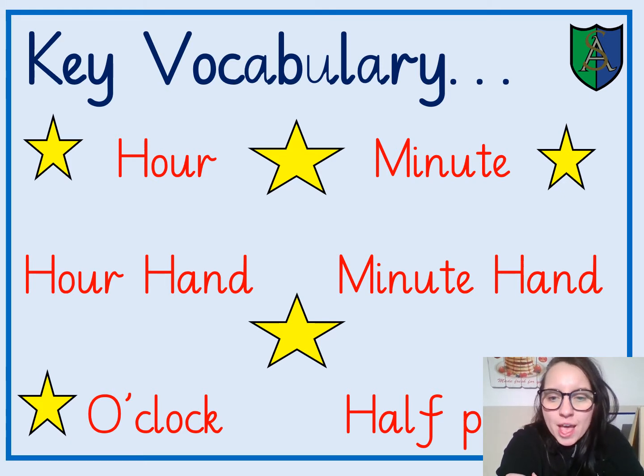Prove it. And they were having that discussion around, well, the minute hand is pointing to the 12, so I know it's o'clock, and the hour hand is pointing to that, and then they would give me that level of explanation. I'm hoping that at home you're doing that too. So that's one way that you can use our key vocabulary today.